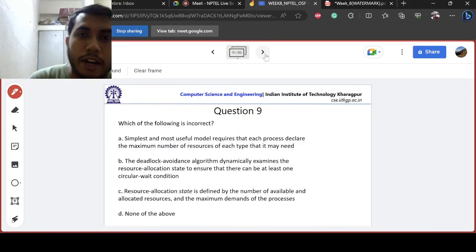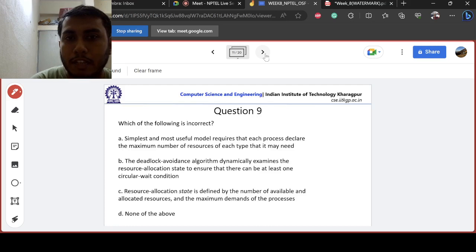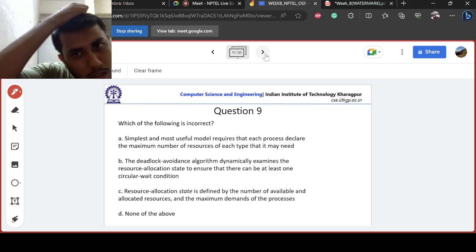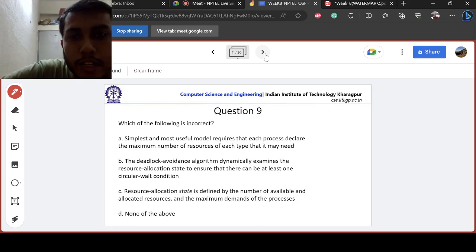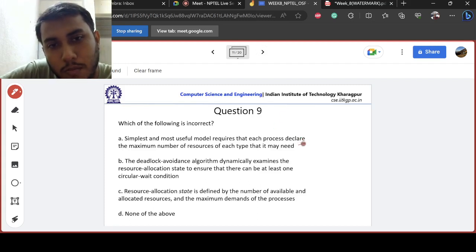Which of the following is incorrect? The simplest and most useful model requires that each process declare the maximum number of resources of each type that it may need. True, that is one type.